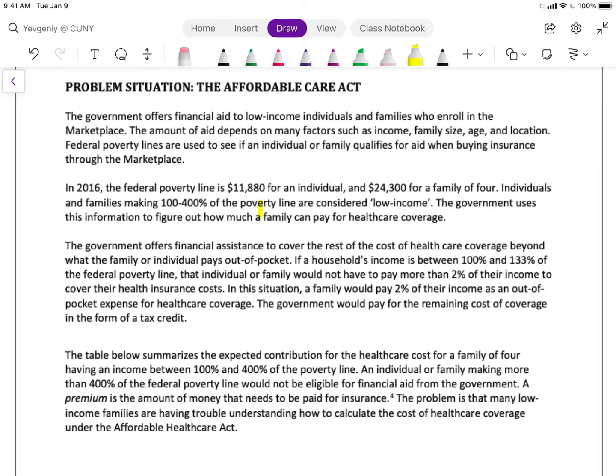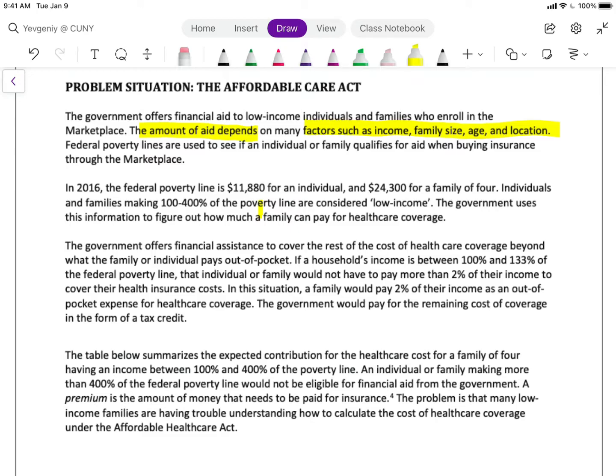The factors such as income, family size, age, and location seem to be the things that would be important when it comes to healthcare coverage. And yes, they are important when it comes to the amount of the aid. However, there's something here that basically answers the question.